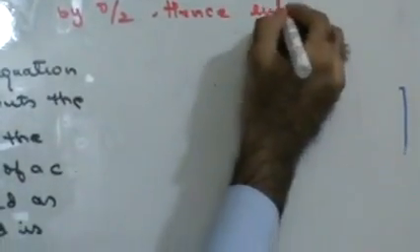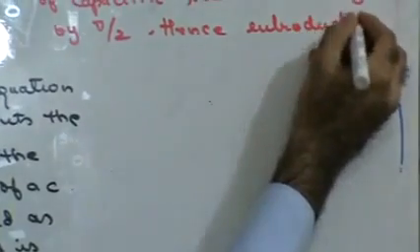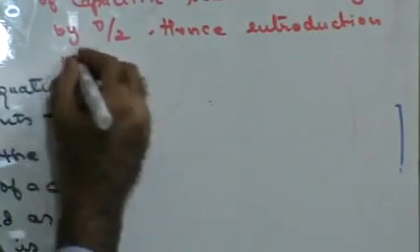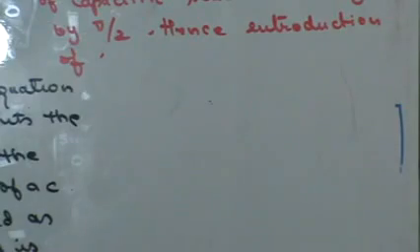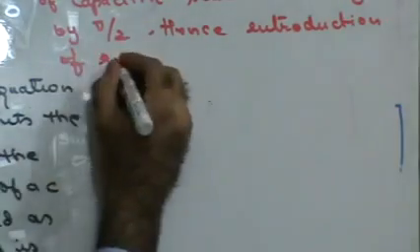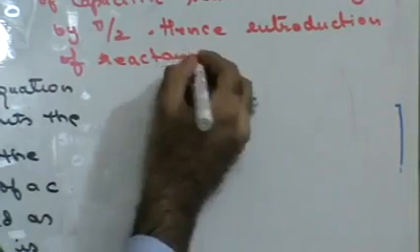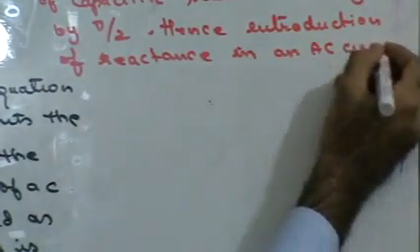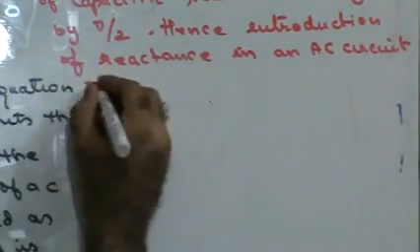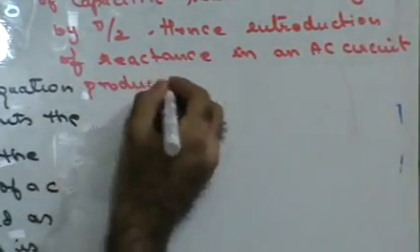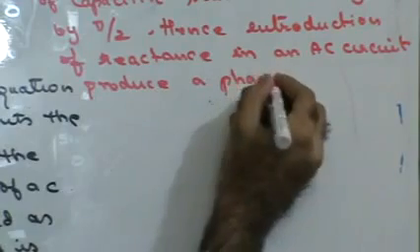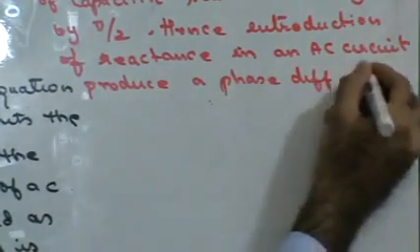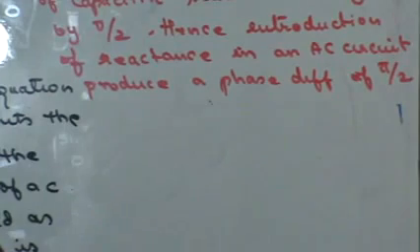Hence, introduction of reactance in an AC circuit produces a phase difference of pi by 2 radians. Right? So resistance does not know this.